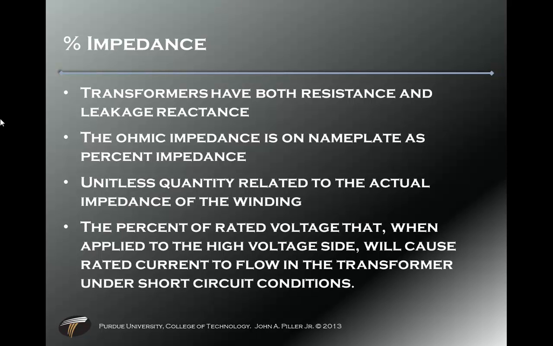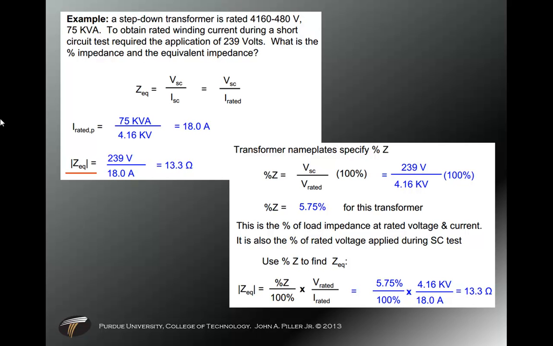That will allow us to use Ohm's law to calculate the resistance of the transformer, and then we would give that a percent impedance. We don't really want to do that for large transformers, so they gave us percent impedance on our transformers to help calculate that value rather than empirically gain that value.